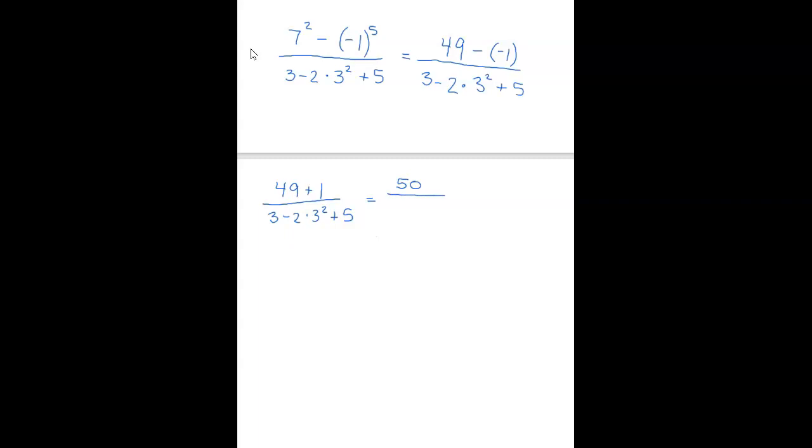And I'm going to go ahead and start on the denominator. I've got no parentheses, but I do have an exponent here. So I'm going to have my 3 minus 2 times 9, right? 3 times 3 is going to give me 9. And then plus 5. And so now I've got my numerator still 50.